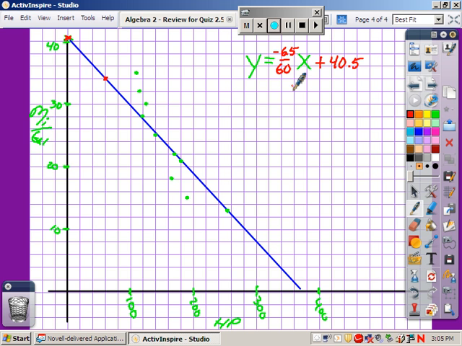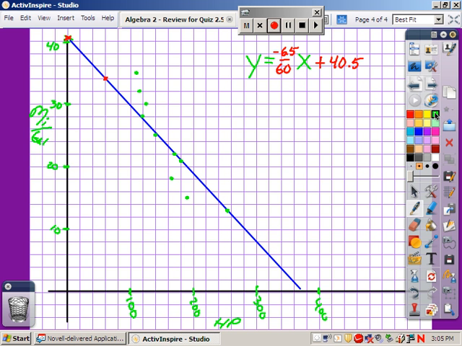So I'm just going to go ahead and estimate it and make it a decimal. So I'm going to take negative 6.5 and just divide it by 60. I get negative 0.108, I'll round it to negative 0.11.